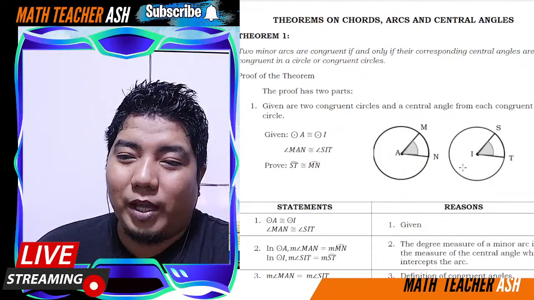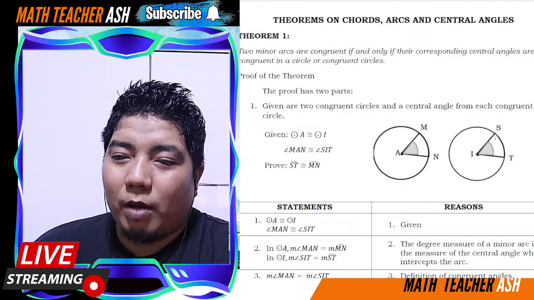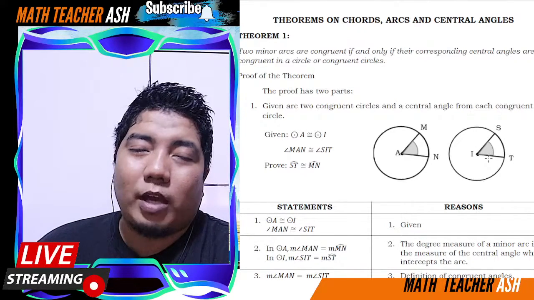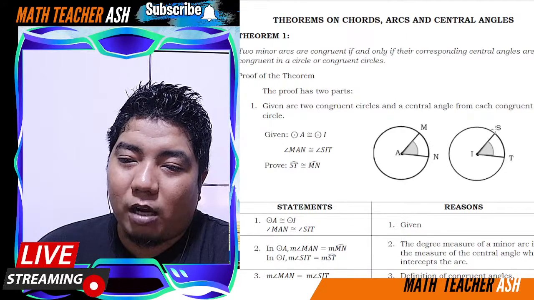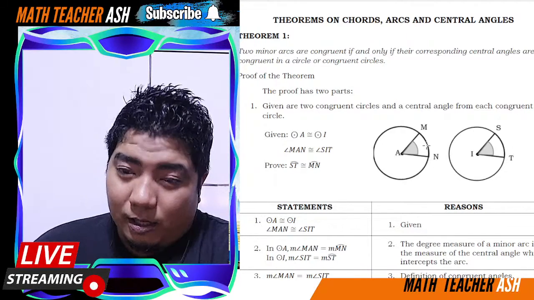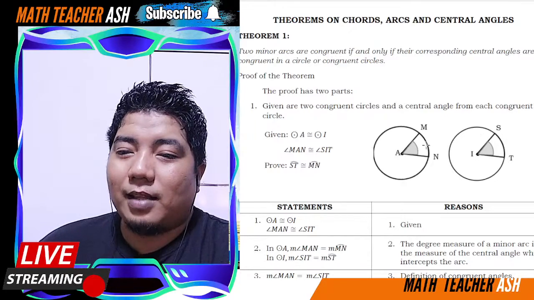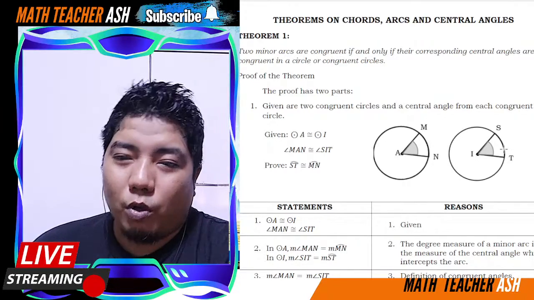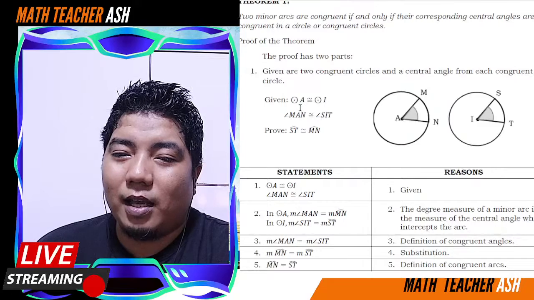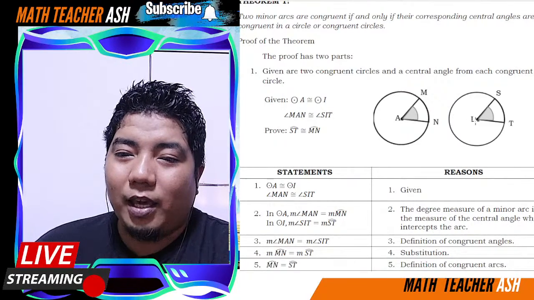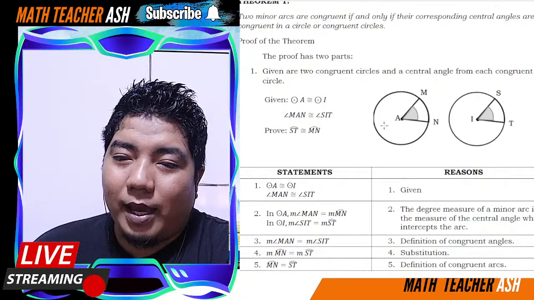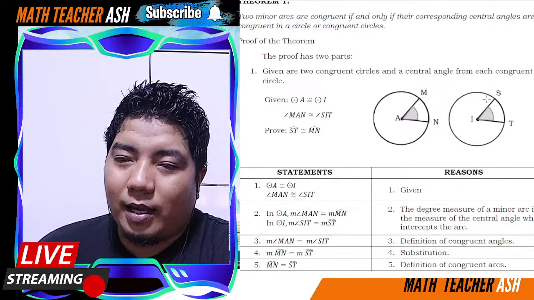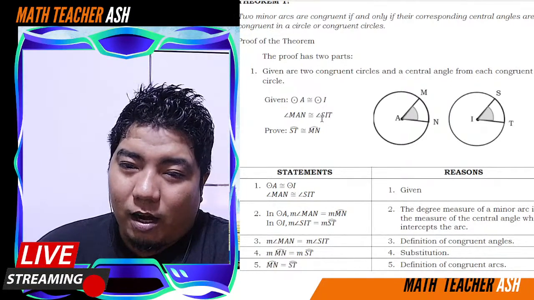Okay, so proof. Okay, so ito, two minor arcs are congruent if and only if their corresponding central angles are congruent. Ayan, so syempre kapag meron kang dalawang circle tapos yung mga central angle mo ay equal, then you can also say that the minor arc or the intercepted arc that is being taken over by the central angle is also congruent. Okay, so circle A is congruent to circle I, where angle MAN, ito yon, and angle SIT are also congruent.